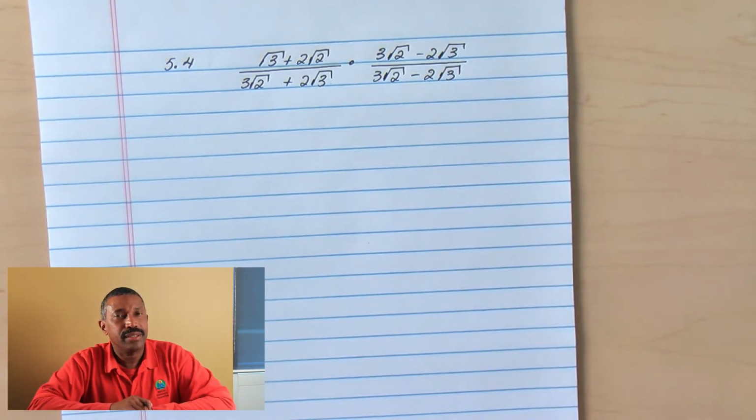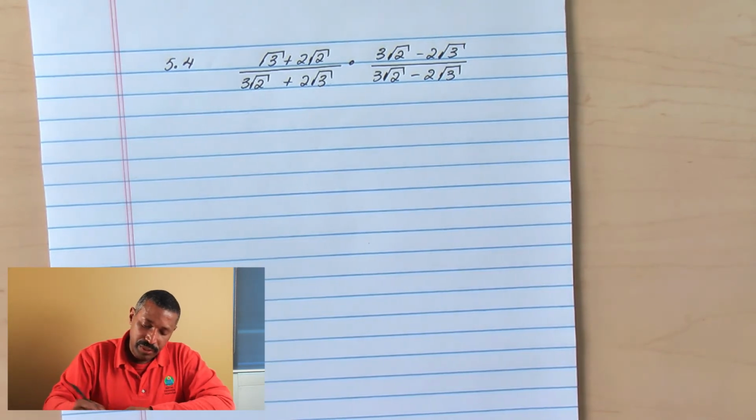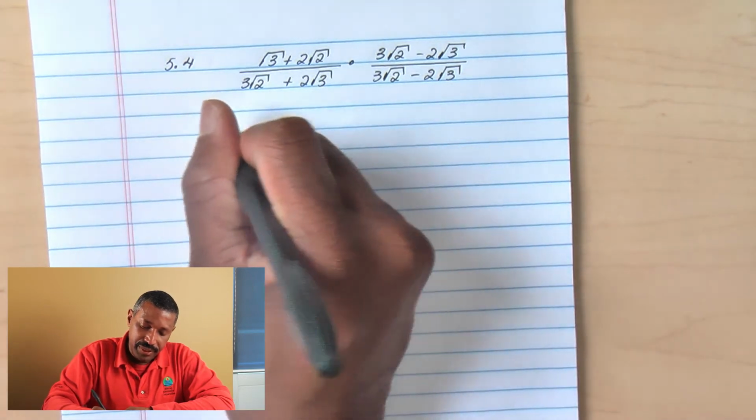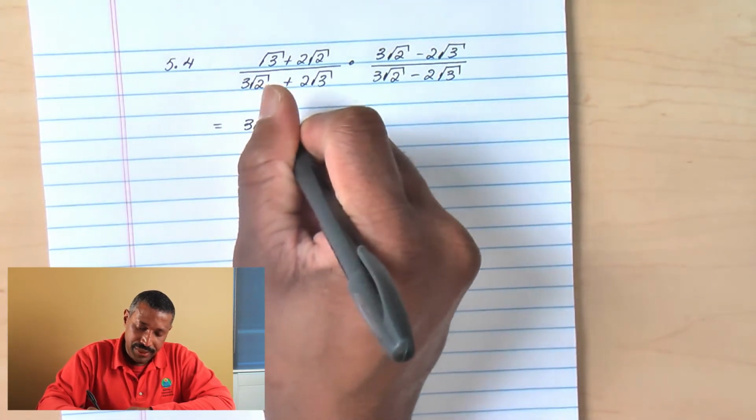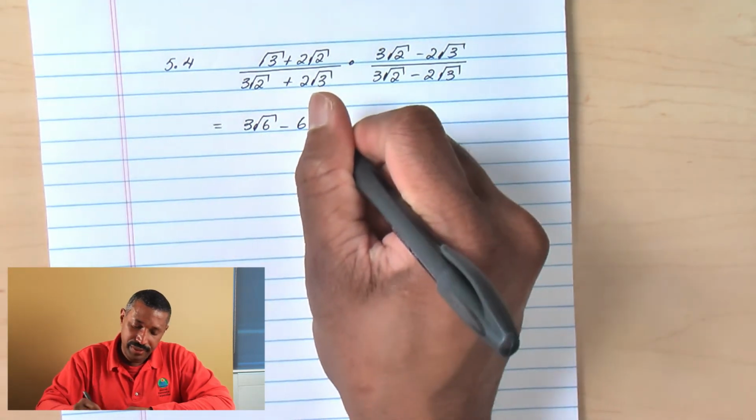So you have your conjugate in both numerator and denominator, but you've got to multiply and FOIL the top and bottom. Now that's a little complex. We FOIL the top, you would get 3 root 6 minus 6, because the root 3 by root 3 will give you positive 3.